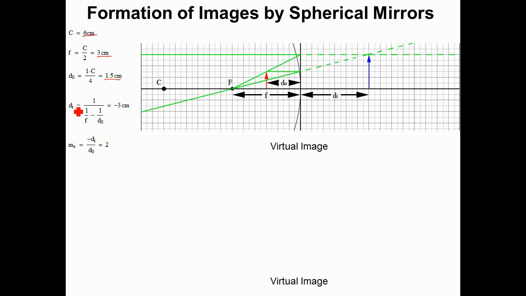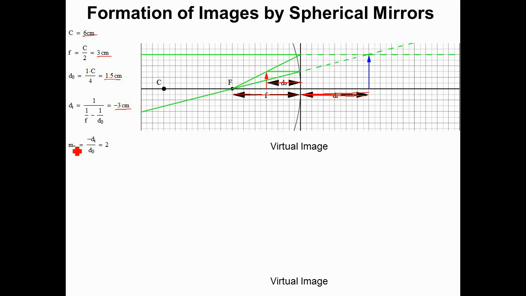When I go to calculate my image distance, I get minus 3 centimeters. So that means that because of the negative, my image is on the back side of the mirror. So this is my negative side for my image. DO and F, my focal point, are positive.